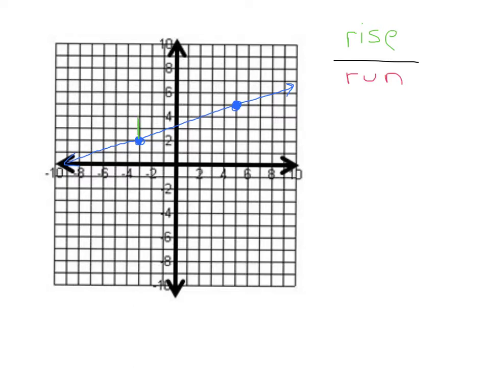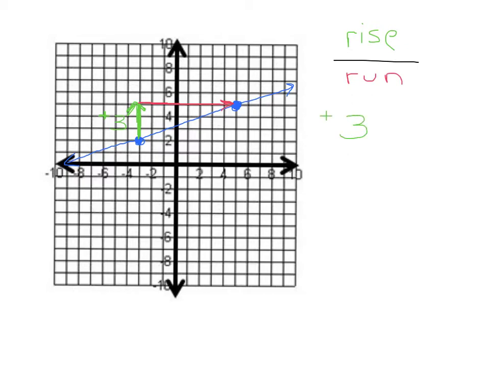So I'm going to choose to go up a certain amount, and I'm going to choose to go over a certain amount. So if I count how far I have to go up, I go up 1, 2, 3 spots. So it's going to be a positive 3.